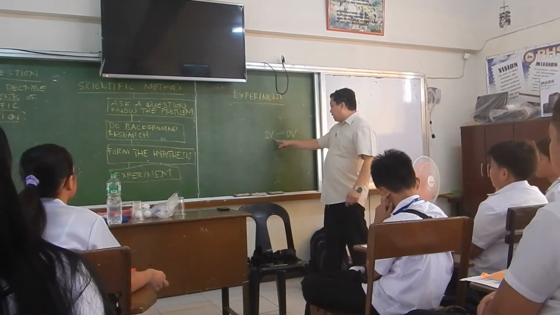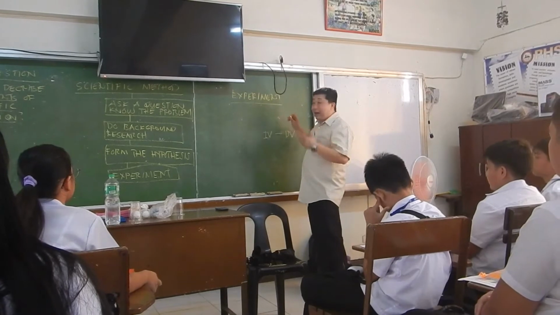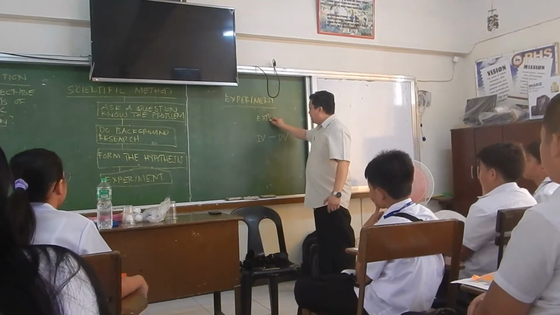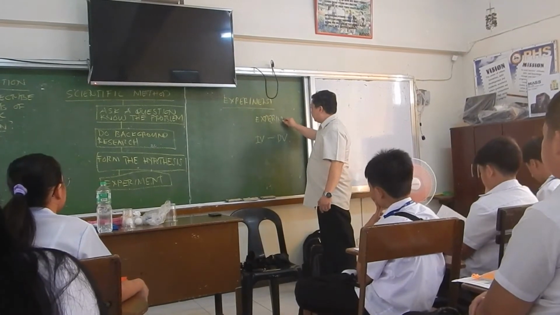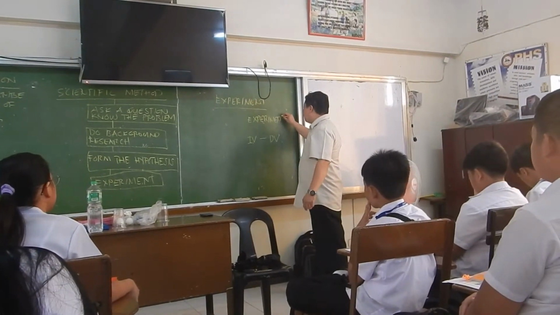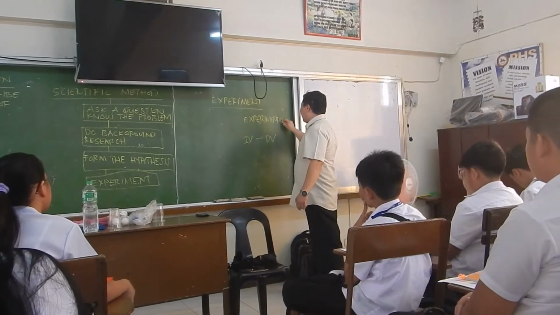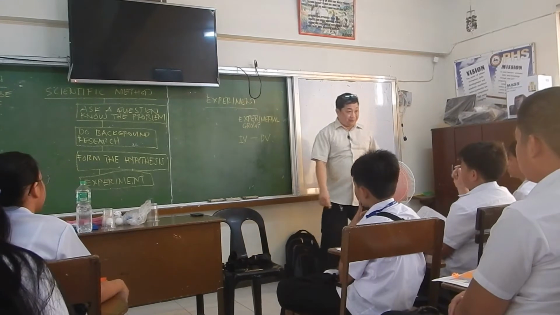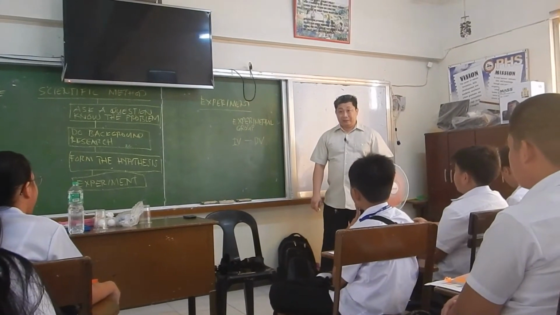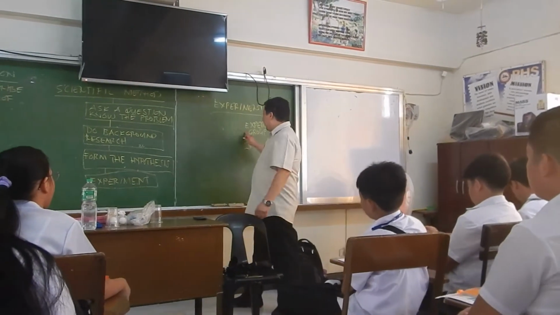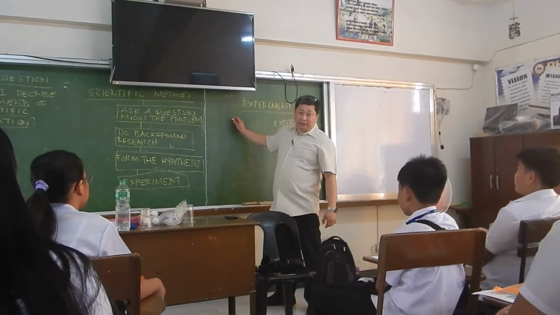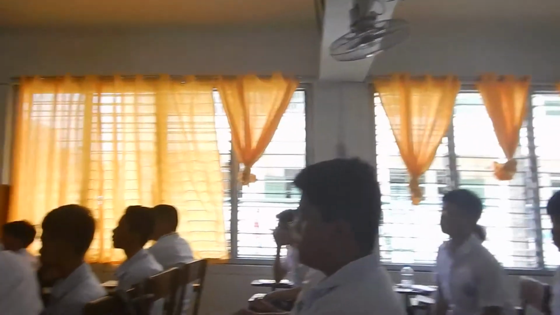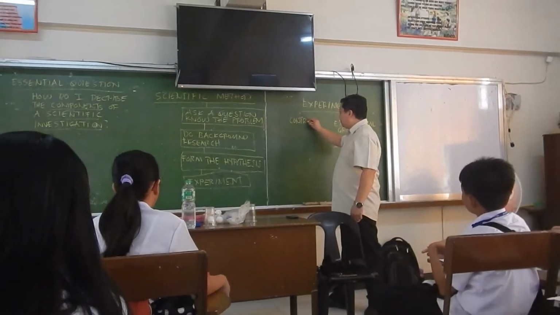The independent and the dependent variable are under the experimental group, or some would say experimental setup, or we can use the word group because that's the one that you get. It's acceptable. The other part of the experiment is called, very good, the control group.